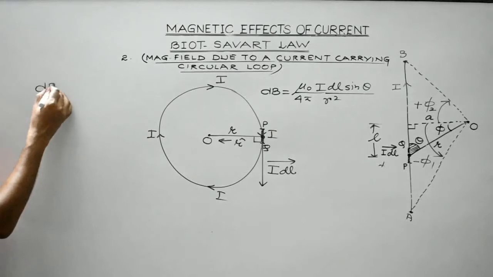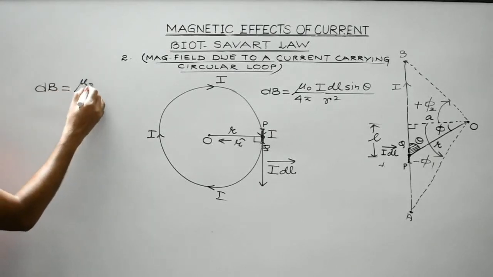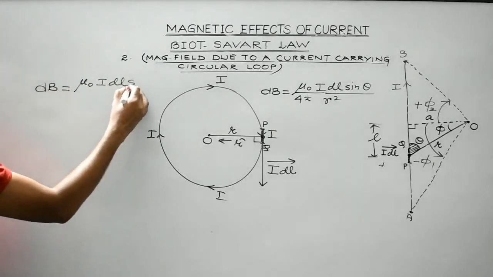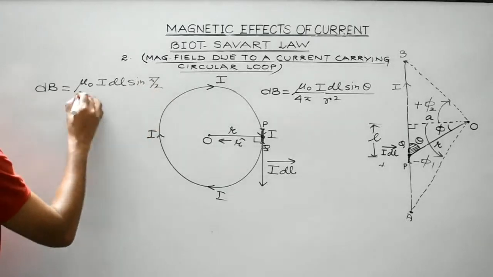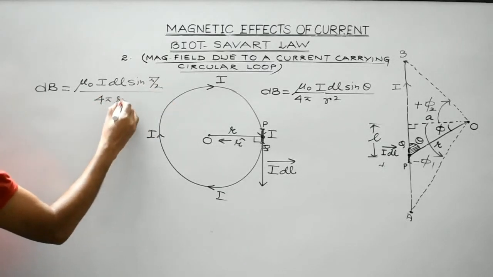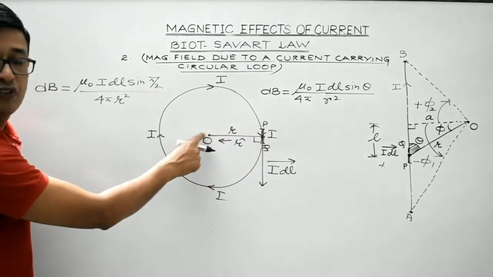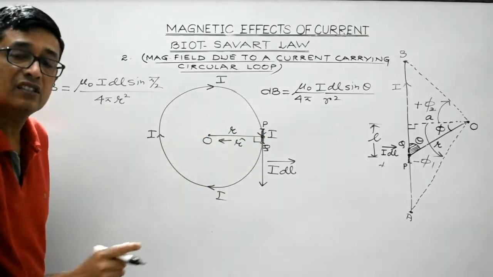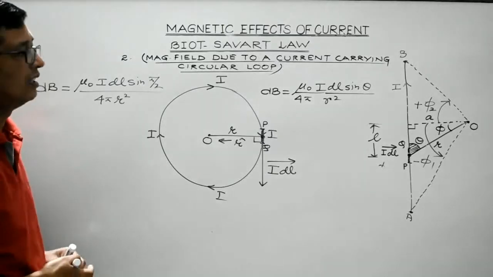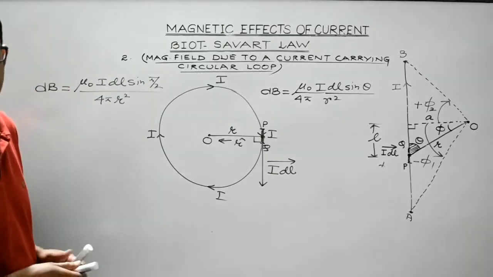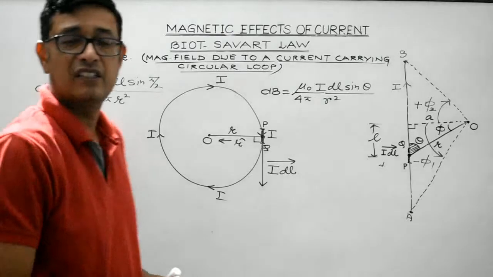As per Biot Savart law, it will be given by mu naught I dl sine 90 divided by 4 pi r square. R is the distance between the center of the elementary portion and the observation point, which in this case is the center of the loop, right? Theta over here is 90 degree. Sine 90 students, we are aware it's equal to 1.